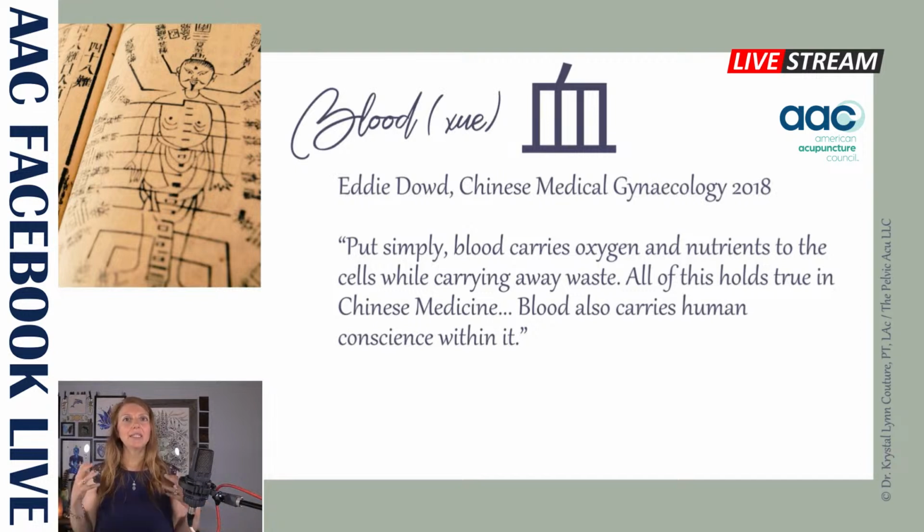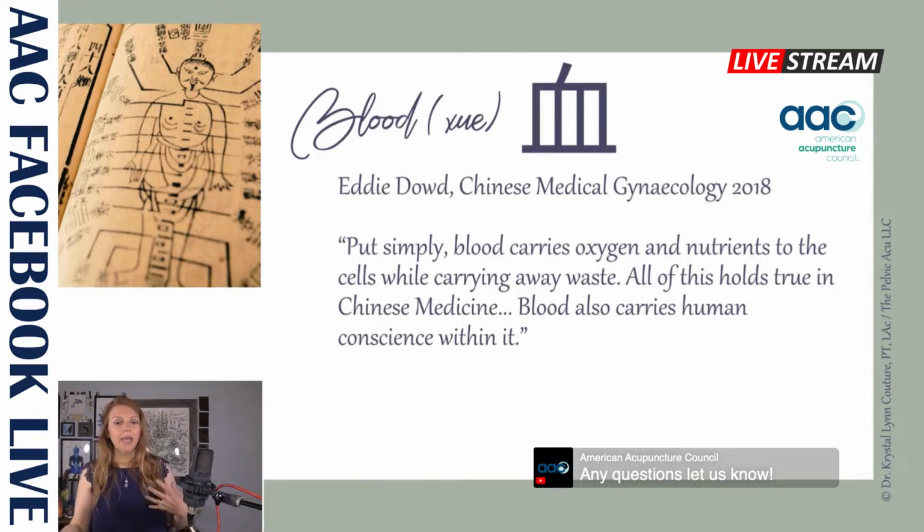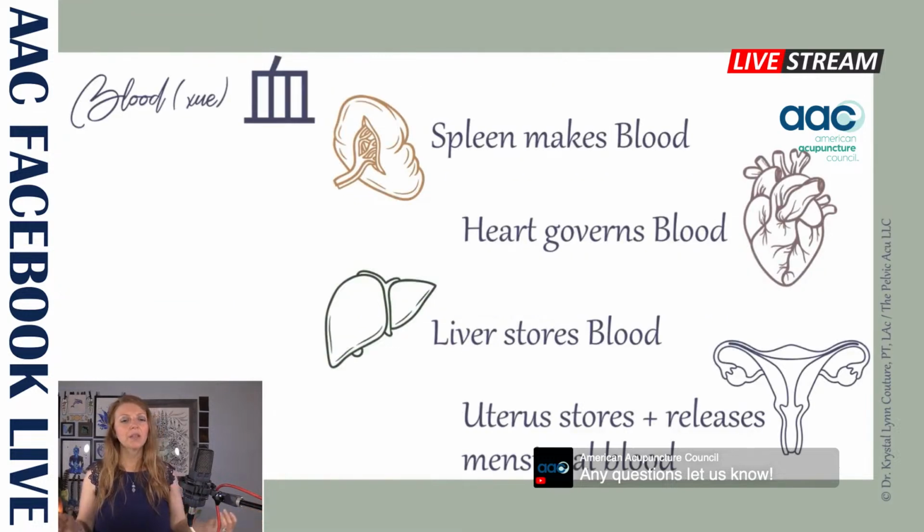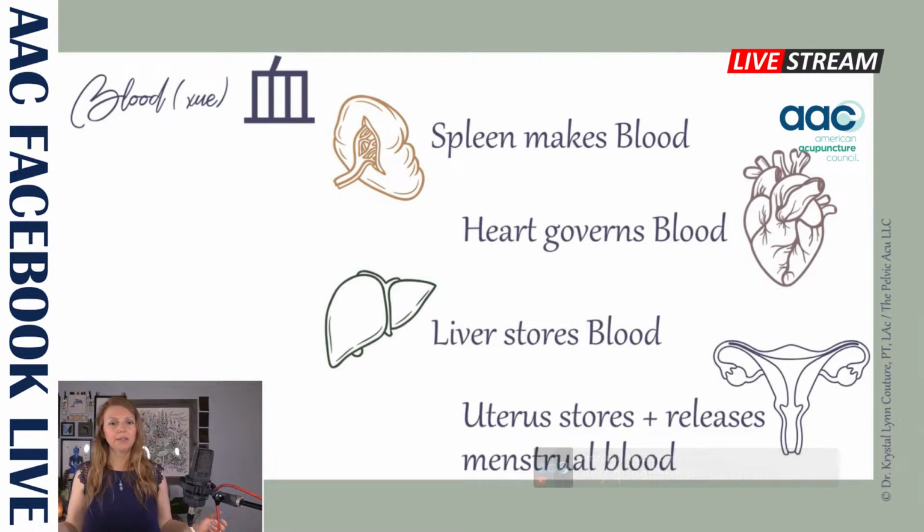So blood has this very physiological, robust nature to it. And by carrying the consciousness within it, it's got a very robust spirit as well. Just to review, the spleen is going to make the blood. The heart will govern the blood, and the liver will store blood. When it comes to the uterus, it will store and release the menstrual blood.